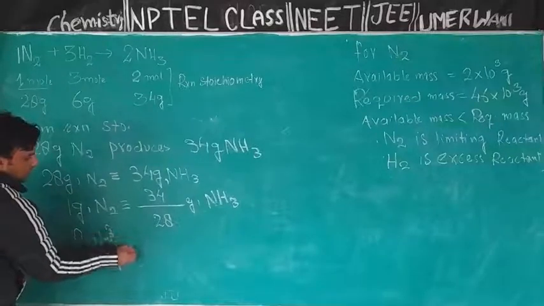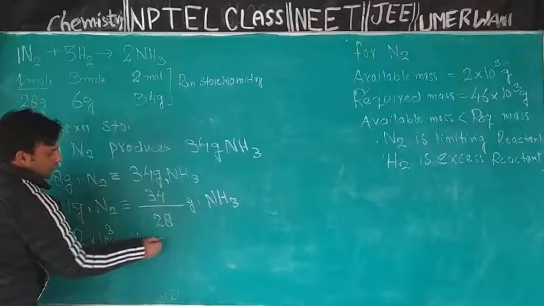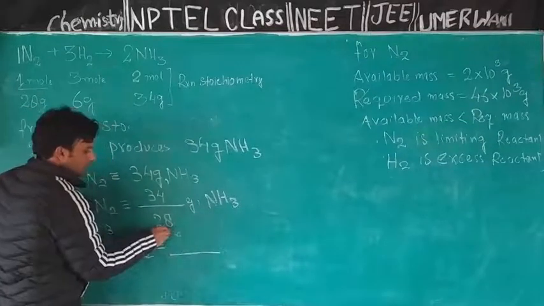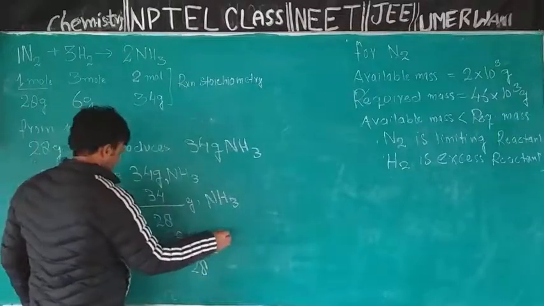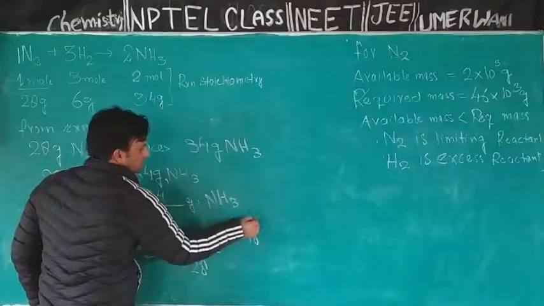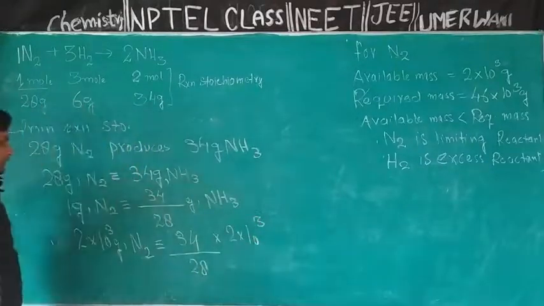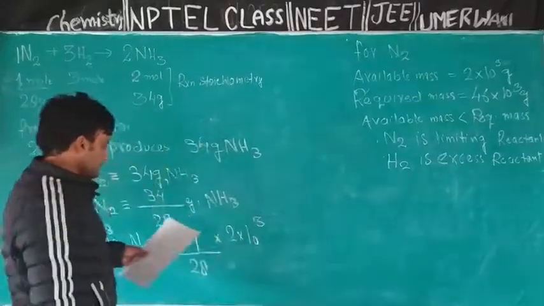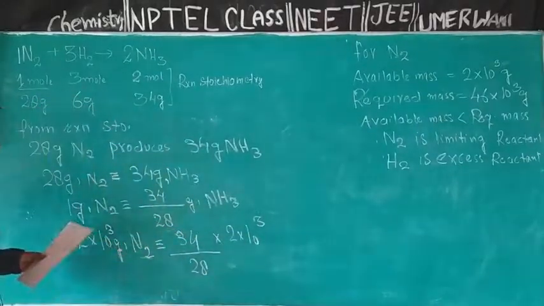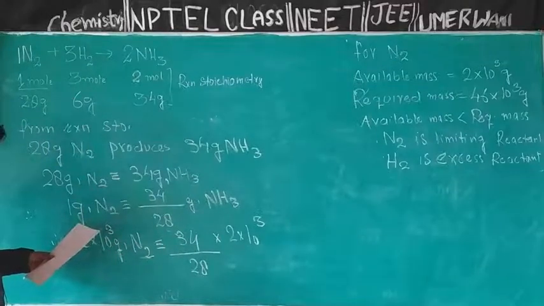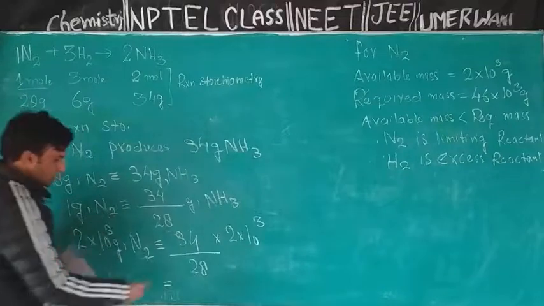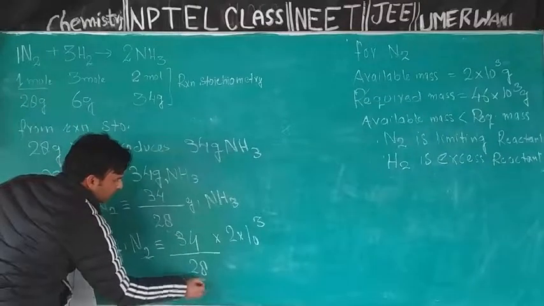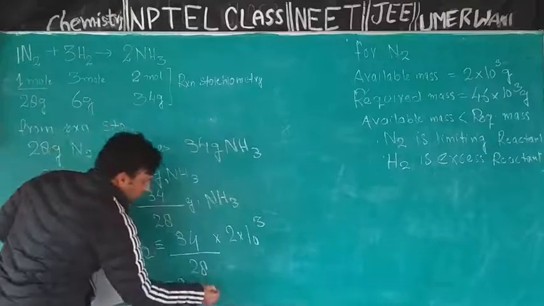So 2 into 10 raised to power 3 grams of nitrogen will produce 34 divided by 28 into 2 into 10 raised to power 3, which comes equal to 2.43 into 10 raised to power 3 grams.